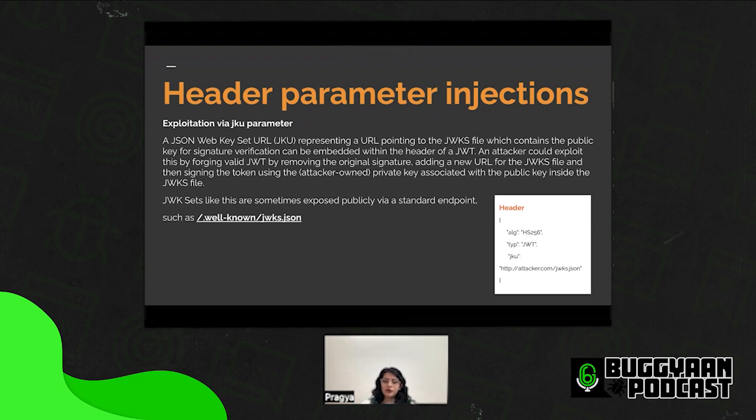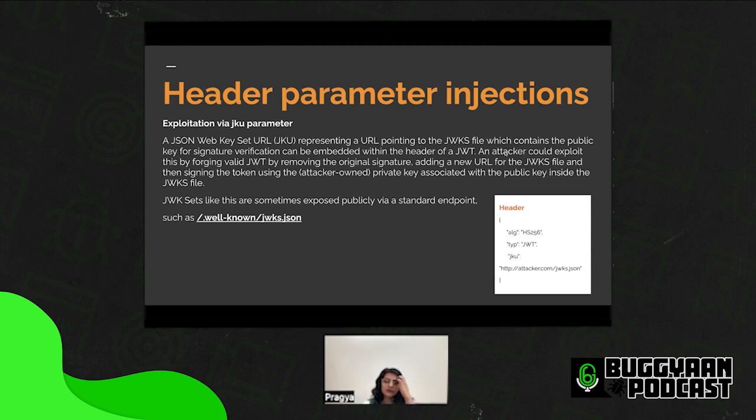So this URL points to a file which contains the public key in JSON format, for verification. And this URL is embedded in the header. So suppose this is my header, this is my algorithm, my type, and in JKU, this is the URL. And in the URL, I am mentioning this path, this file contains my public key for verifying.